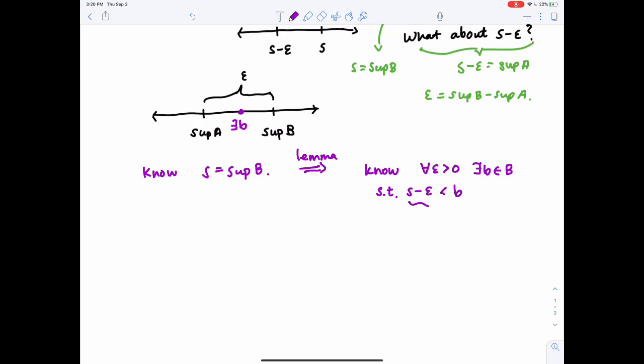You may wish to write this instead as sup B minus epsilon is less than b.